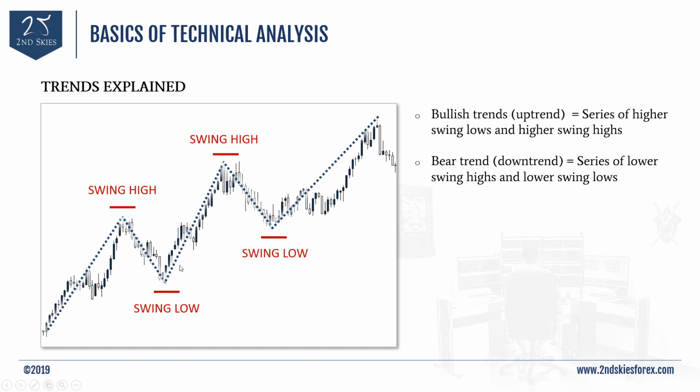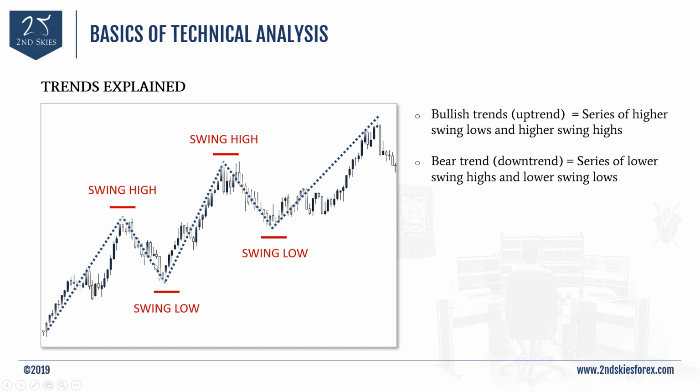And then once the next pullback starts again, you have another swing point that forms. And since this swing point is higher compared to the previous swing point here, it's called a higher high. And once this pullback is over, a new swing low is formed, but this one is higher compared to the previous swing low, which means this is a higher low.